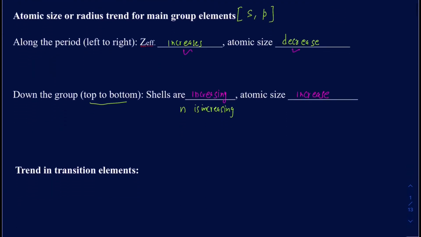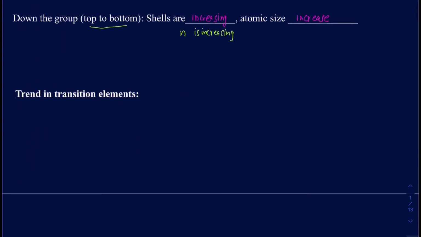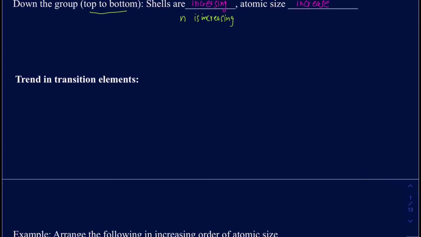Now let's focus on the trends in transition elements. Transition elements are the D block elements. The D block elements' size roughly stays the same. It has a small decrease, but occasionally you may see a small increase as well.